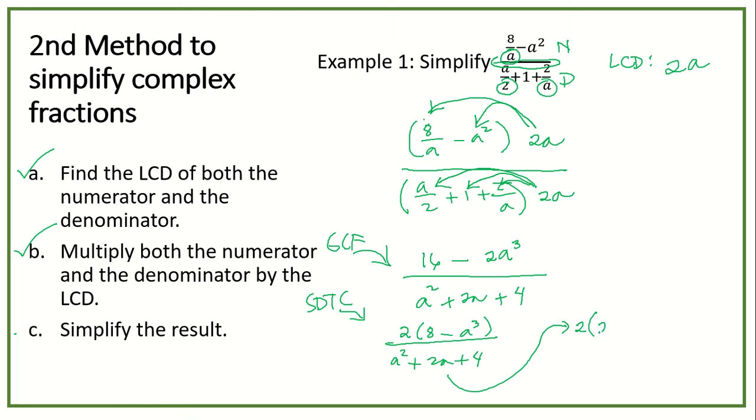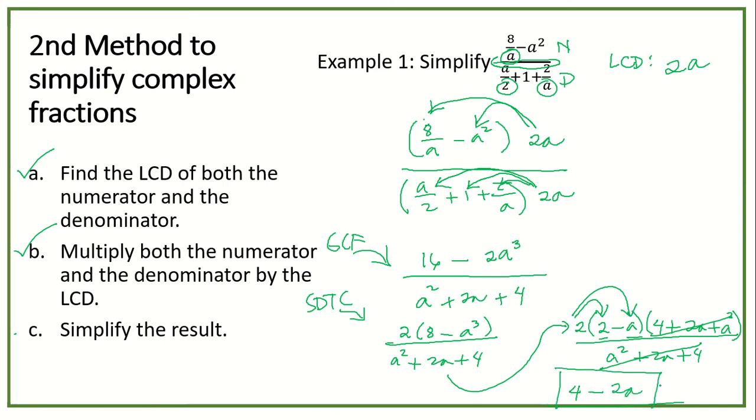So that would be 2 minus a times the quantity of the square of the first term, 4, for opposite, then the product of the two terms, so 2a, always positive, then the square of the last term, a squared. In which, yan din yung denominator natin. So, cancel out. So, that's 2 times 2, 4. 2 times negative a is negative 2a. So, there you go. So, we end up with the same result.